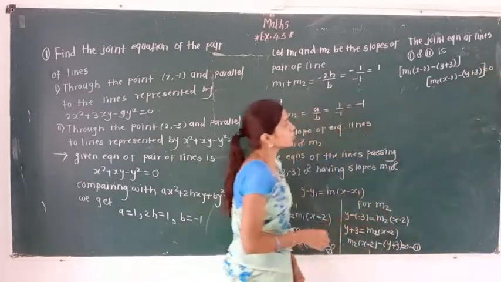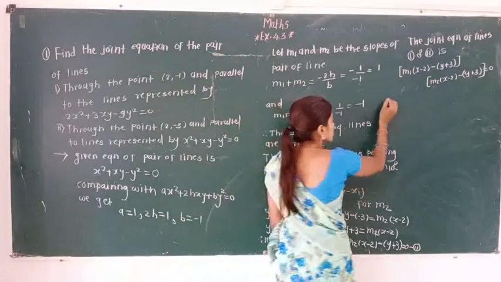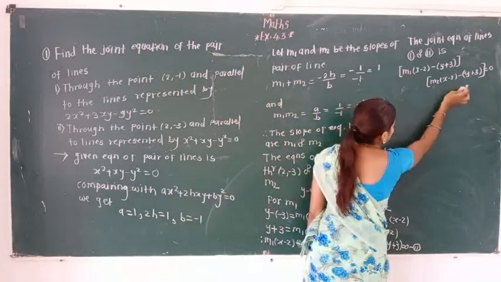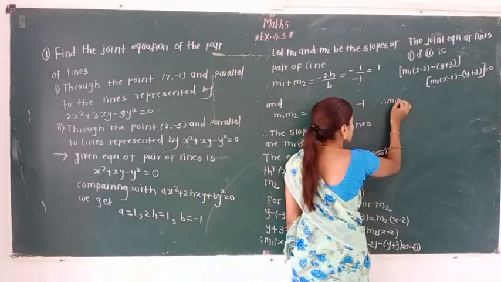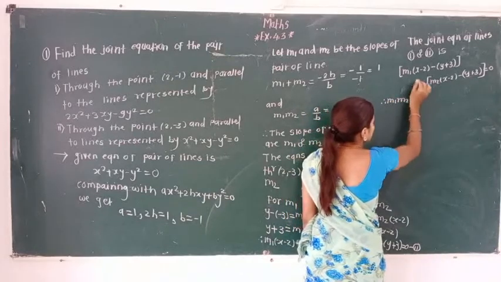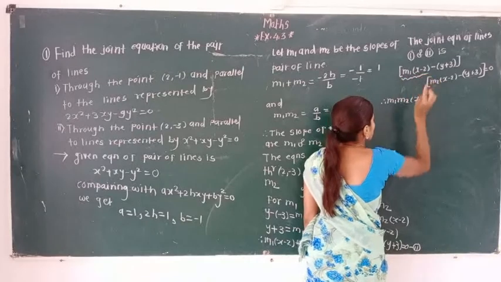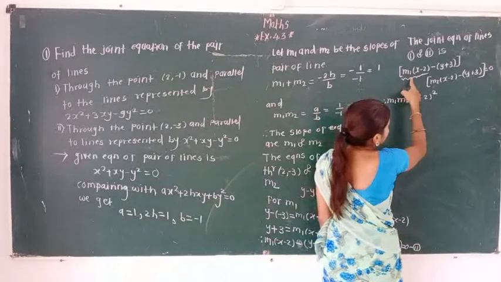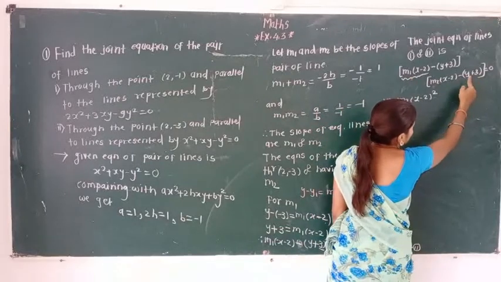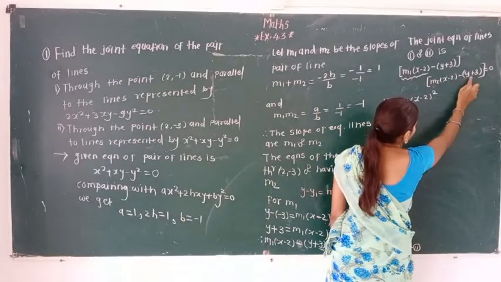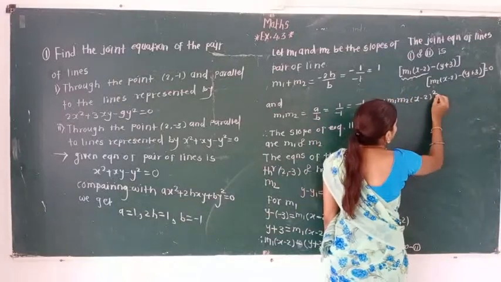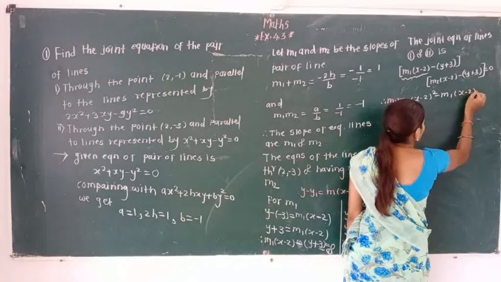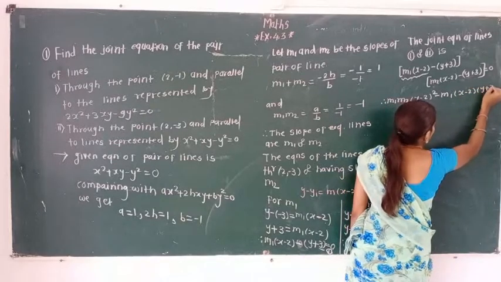Now to take the product of these two brackets, we write the first term into this bracket: m1 into m2 in bracket x minus 2 into x minus 2, we can write x minus 2 bracket square. Then the product of the first term into the second bracket's second term, minus m1 in bracket x minus 2 into y plus 3.